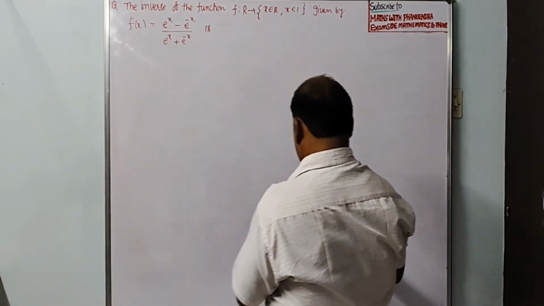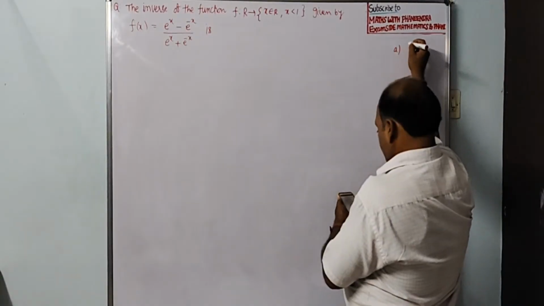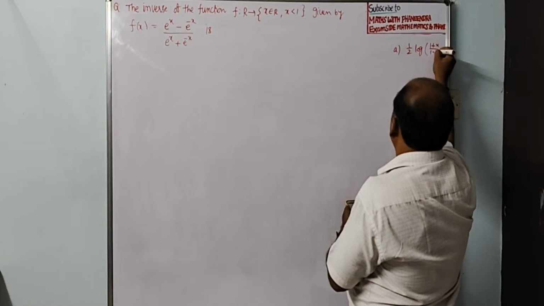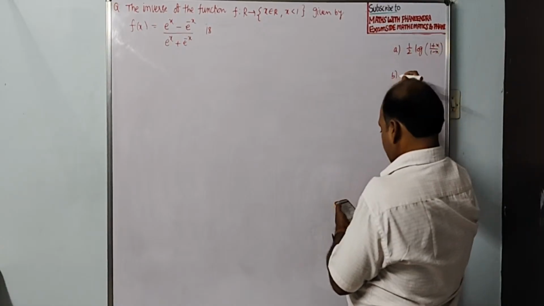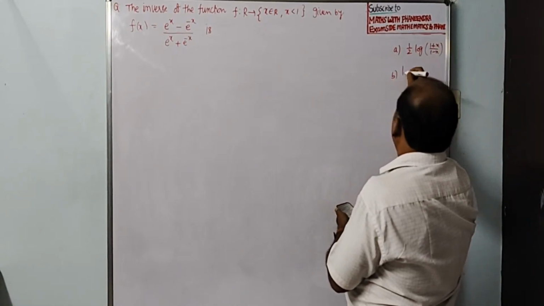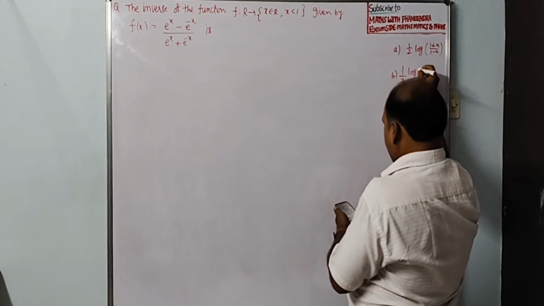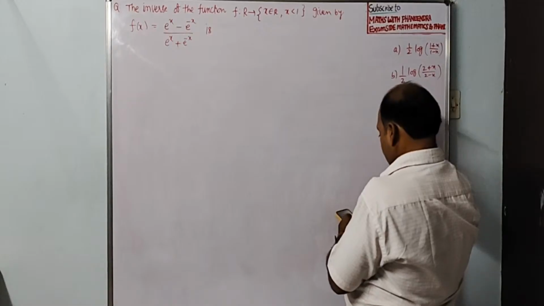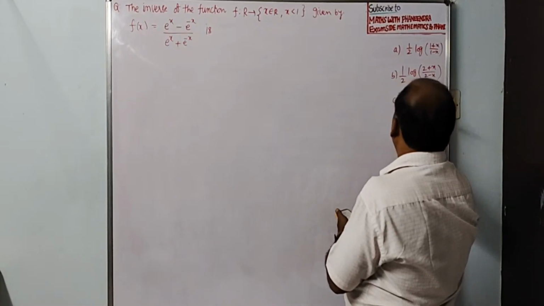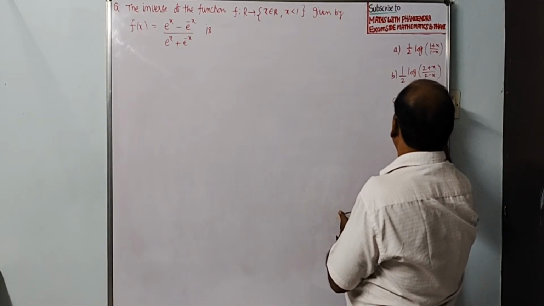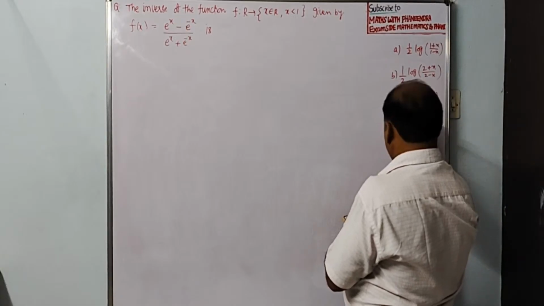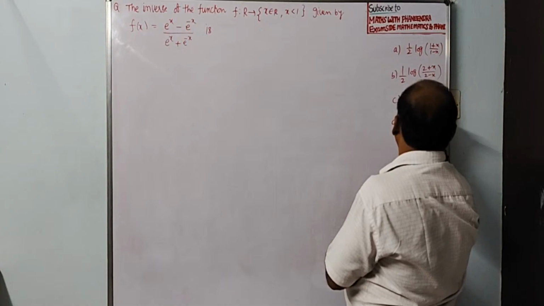The options are provided: half log of (1 plus x) by (1 minus x); second option, half log of (2 plus x) by (2 minus x); half log of (1 minus x) by (1 plus x); none of these.